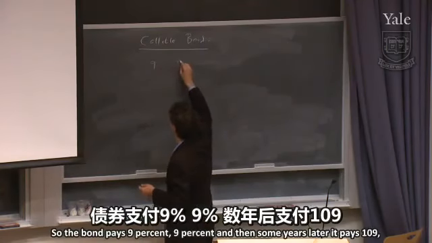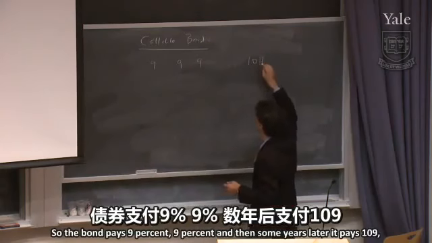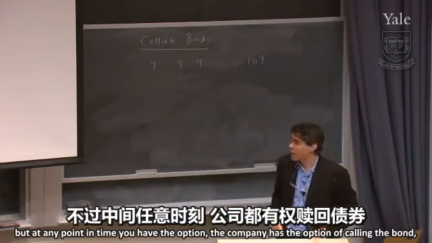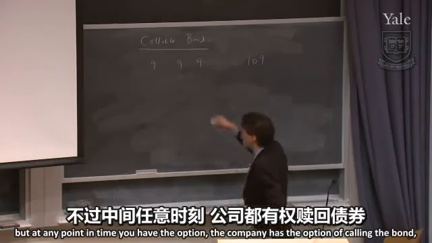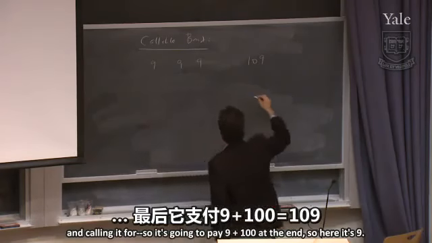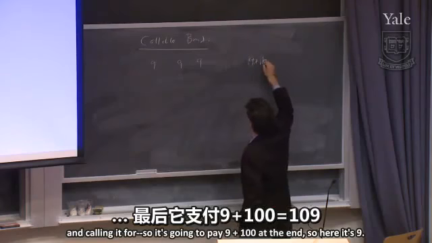So the bond pays 9%, 9%, and then some years later it pays 109. But at any point in time, the company has the option of calling the bond, so it's going to pay 9 plus 100 at the end.